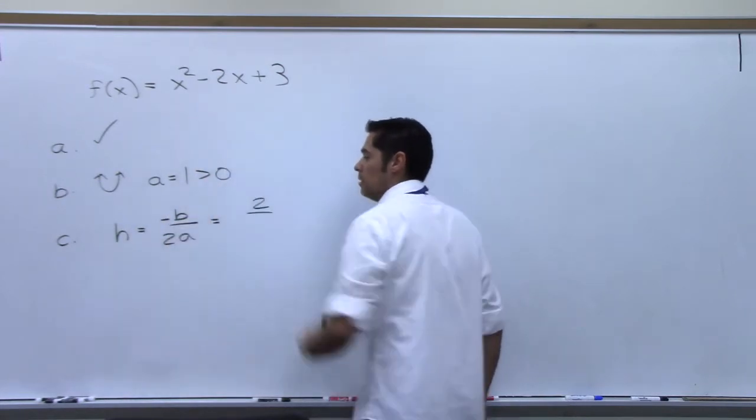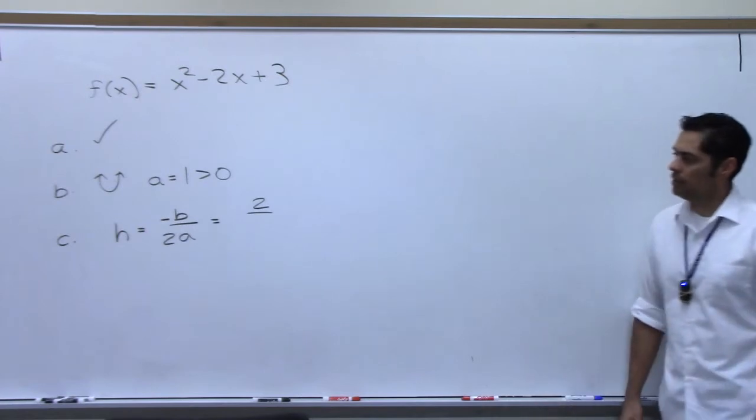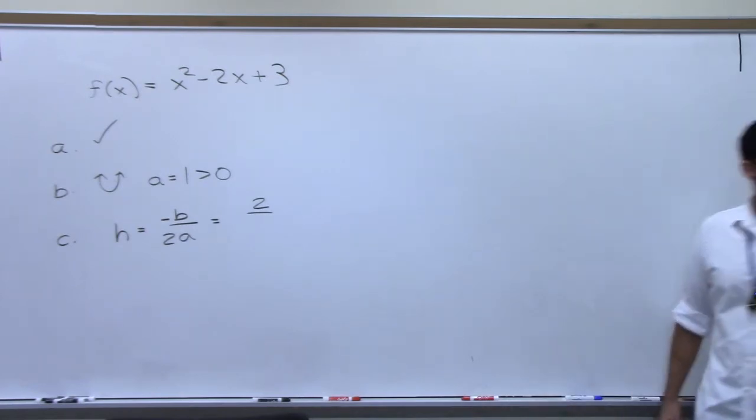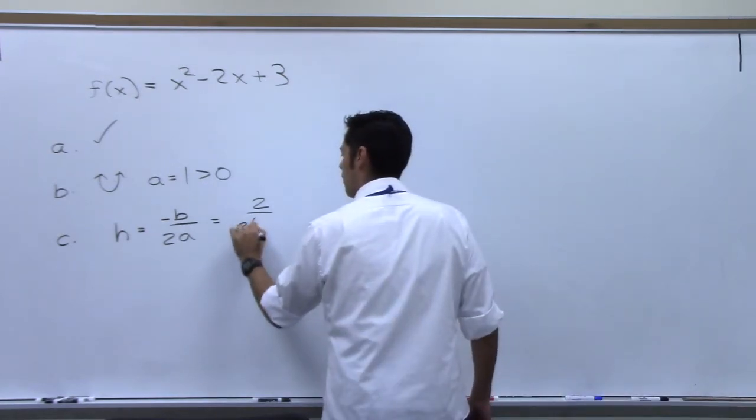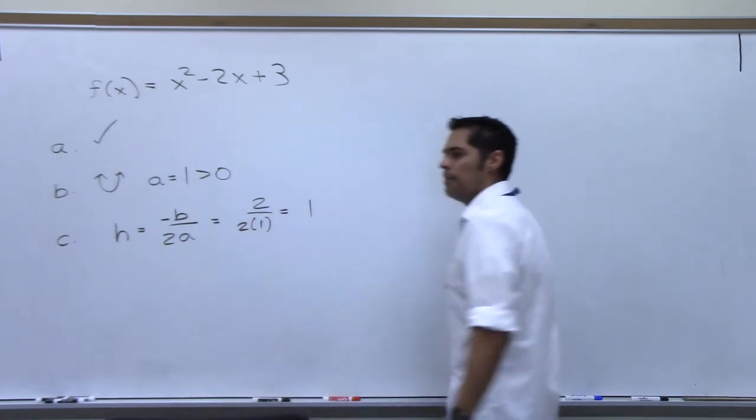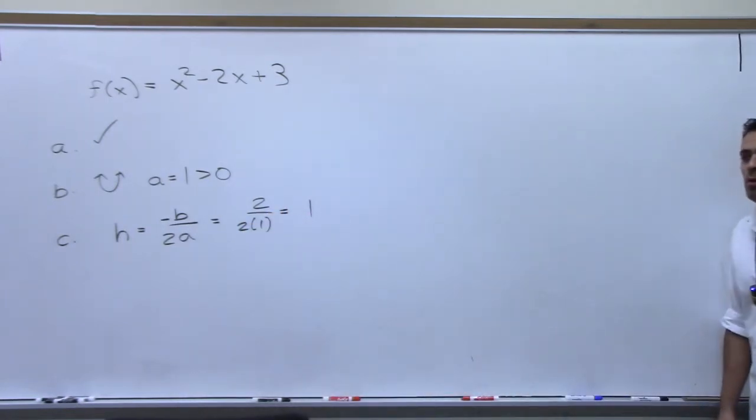Be careful. Negative b over 2 times a. So 2 times 1, so this is just 1, isn't it? Okay, what do I do with that?